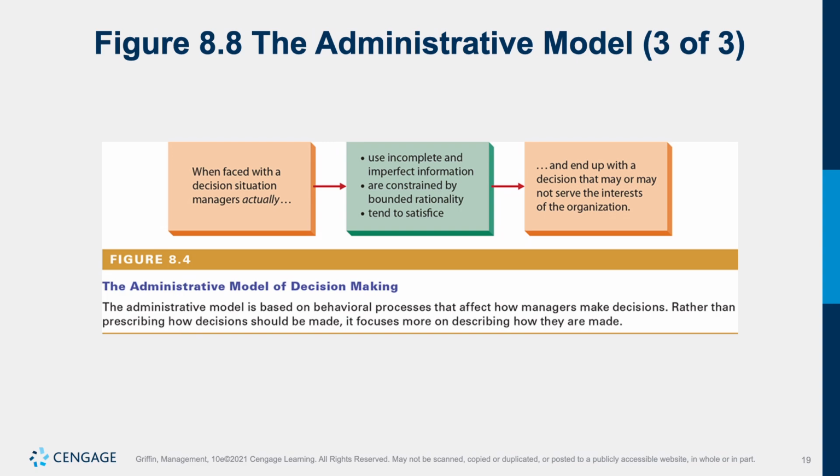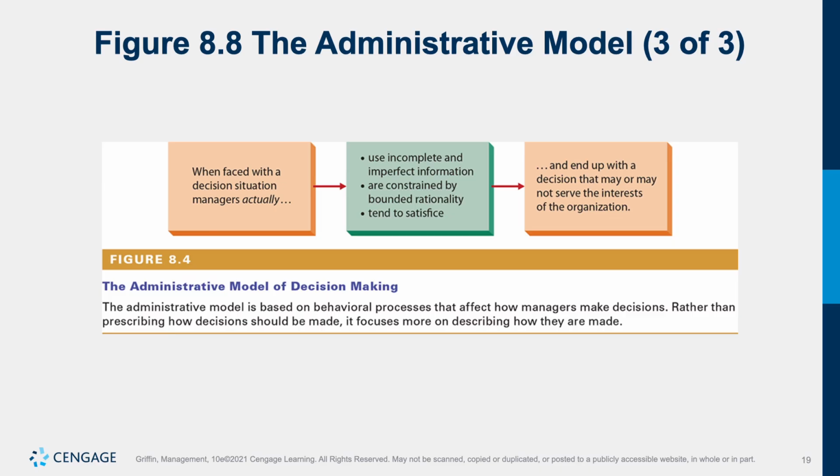So this diagram on this slide is an illustration of the administrative model and what the decision making process is like when adopted by a manager. When faced with a decision situation, managers use incomplete and imperfect information, because they have bounded rationality and limited exposure.